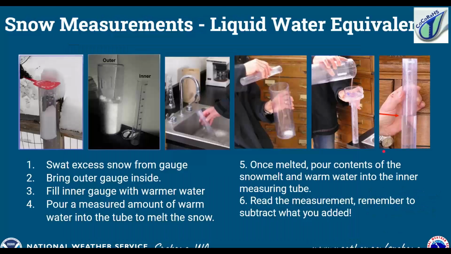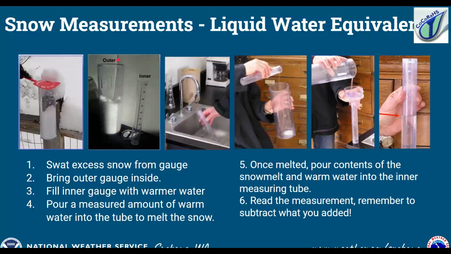So here are the notes from that. This is the liquid snow measurement, or the liquid water equivalent. So you want to go outside and get that 4-inch gauge, bring it in, and you might have to swat some of the snow away. And then you take the smaller inner tube right here and use the measurements on the side to fill it up, so you have a measurement of how much warm water you're adding to the snow, enough to melt it down.